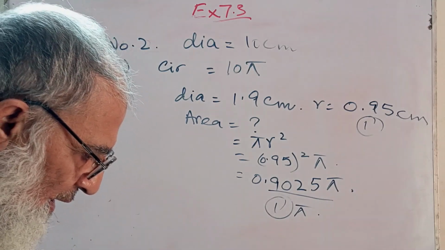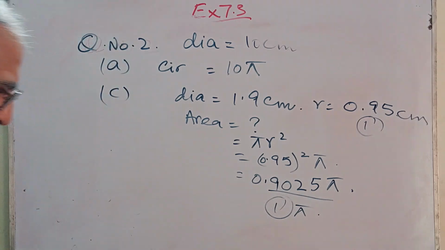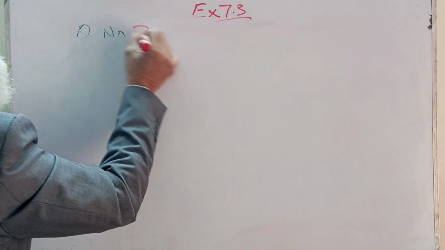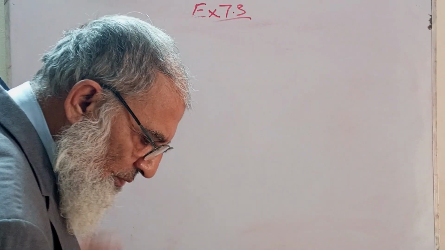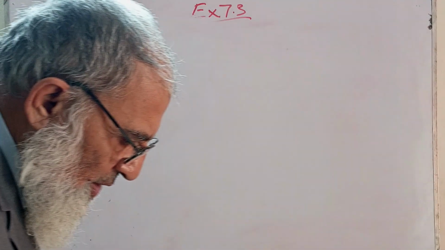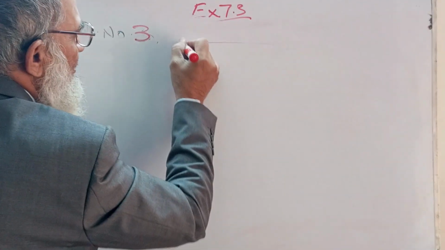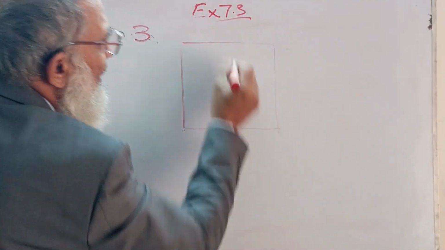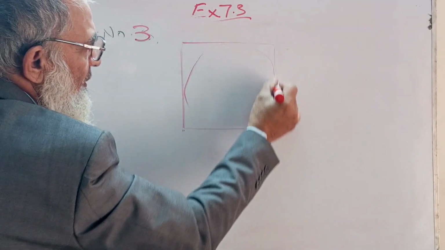Now question number 3. It is almost the same question. A circle of circumference 12 pi is precision cut from the metal sphere as shown. Now a figure is given like this. There is a sphere and an inscribed circle is cut from it.